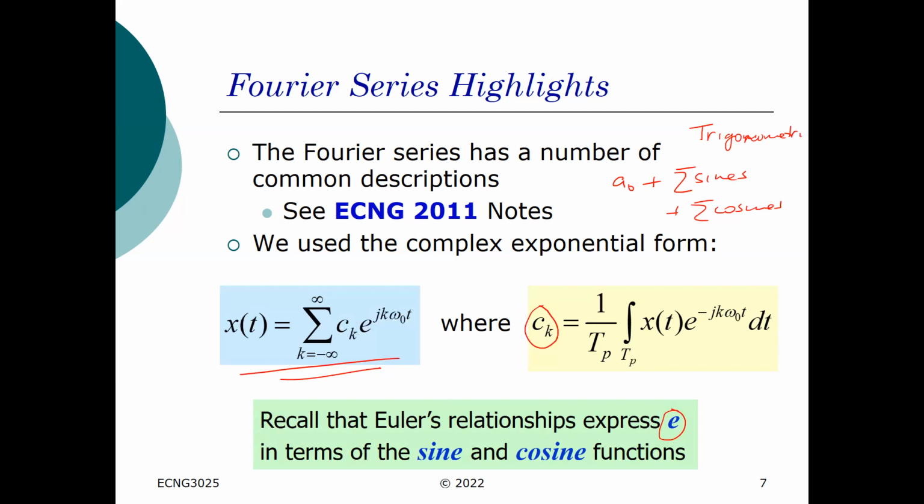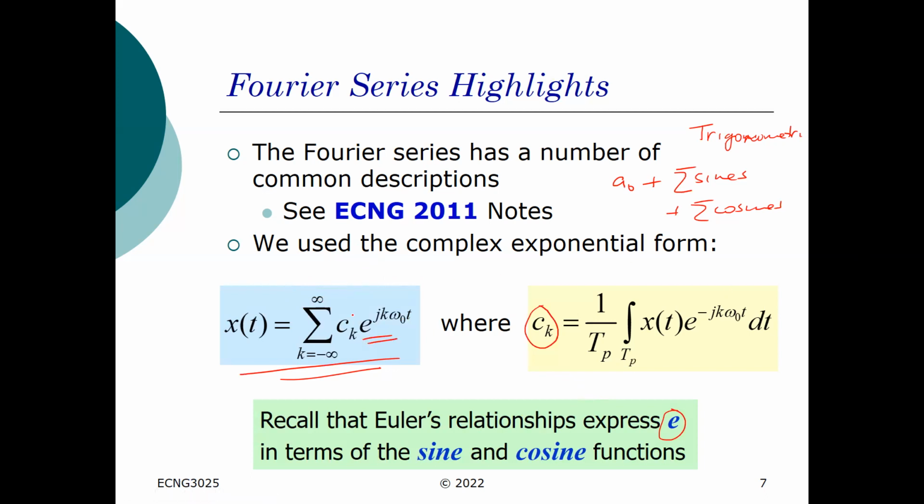I'm hoping that at least you recall some of that, right? So the complex exponential form here is a sine and a cosine, but because E is related to sine and cosine, now we remove that, and we have everything expressed in terms of E.